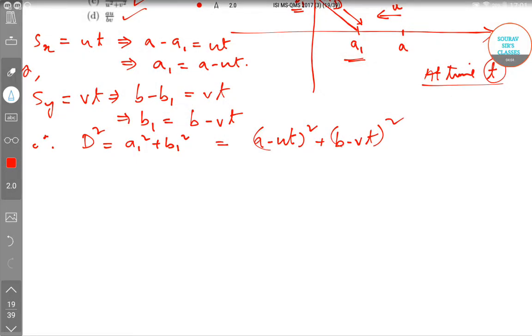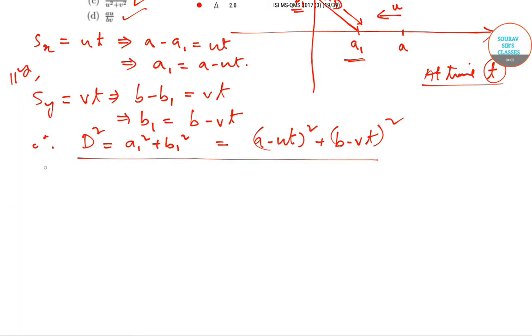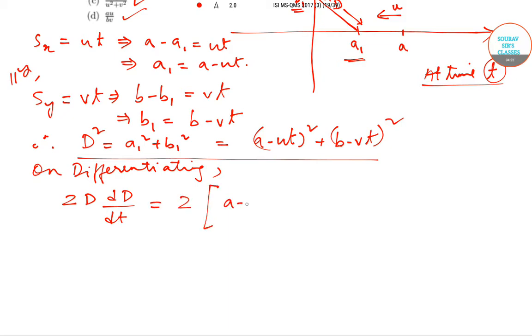Now we'll try to differentiate this. So upon differentiating, this will give us 2d into dd upon dt. This is equal to 2 into a minus ut into minus of u plus b minus vt into minus of v.